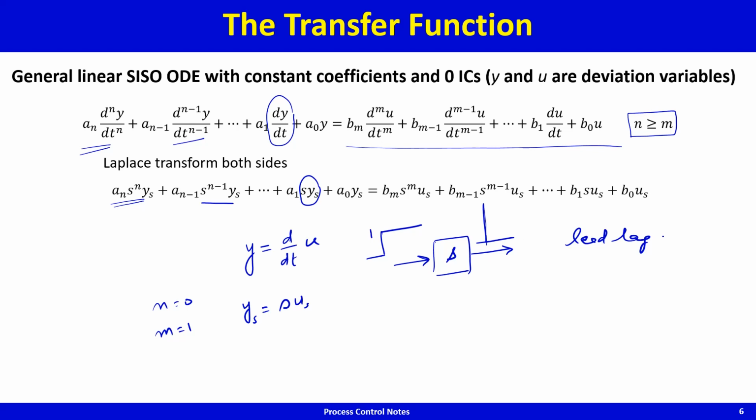We'll talk about the lead lag a bit later. But in a lead lag, n and m are 1 each. So you have, for example, alpha dy/dt plus y is equal to beta times du/dt plus u.